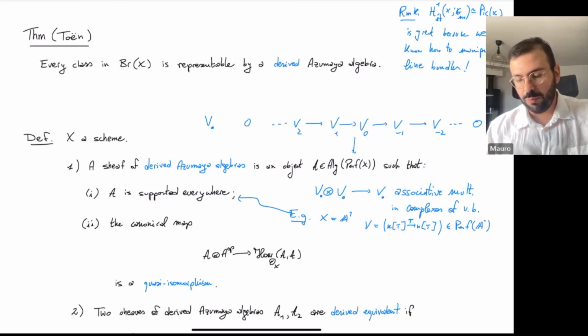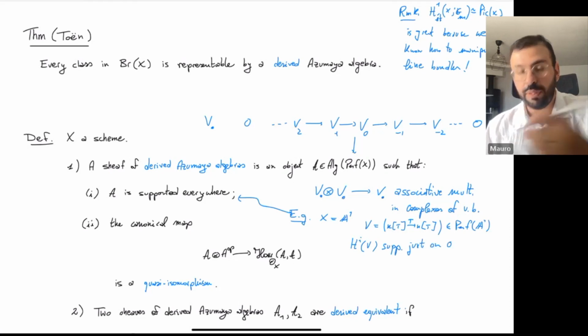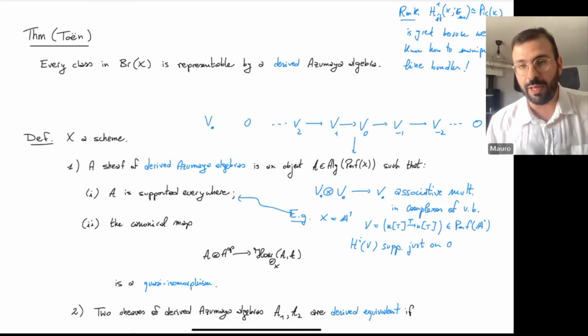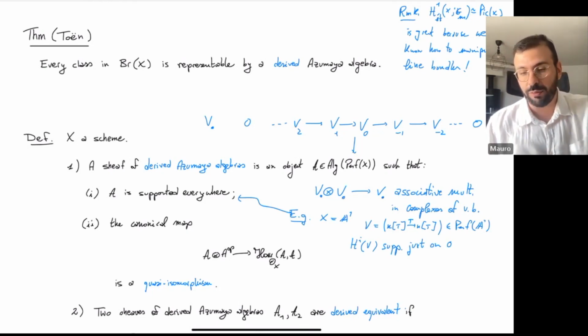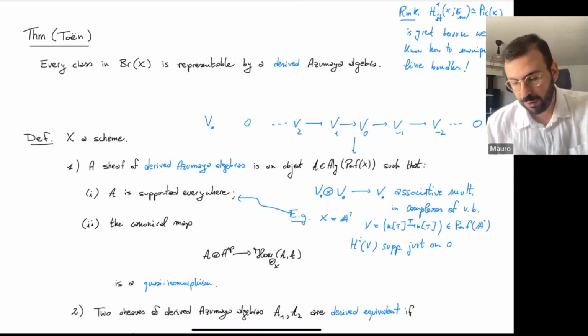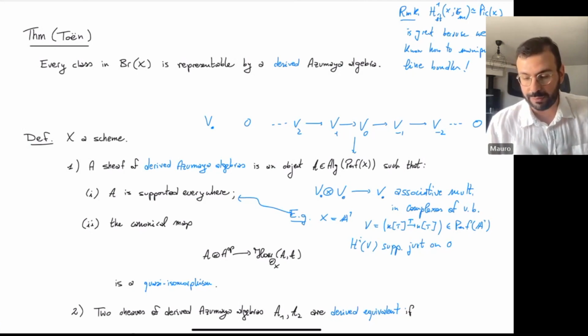So this is a perfect complex on A1. However, when we look at its cohomologies, H^i of V, they are supported just on 0. Sorry, this map is injective, so the only cohomology is H0, and H0 is just k, the cokernel of this map, which is supported on 0.